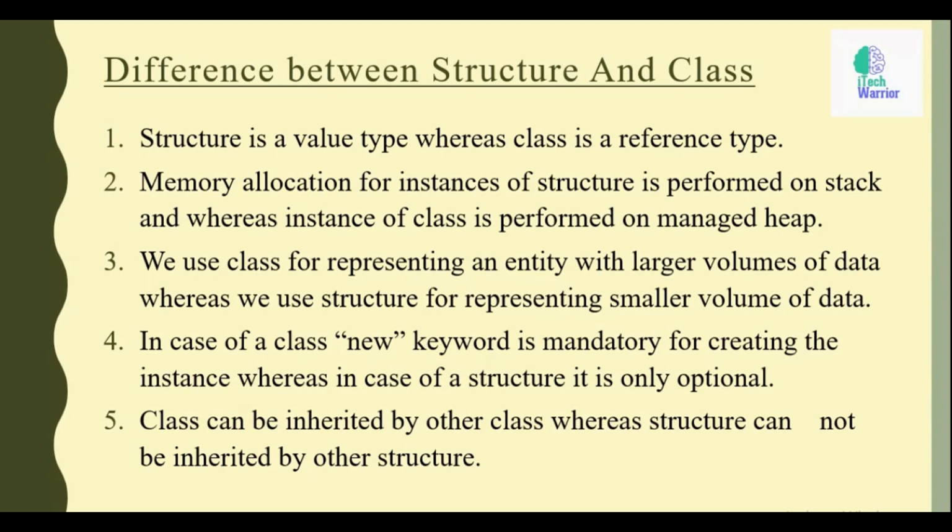In the third point, we use a class for representing an entity with a larger volume of data, whereas we use a structure for representing a smaller volume of data. In the fourth point, in case of a class, the new keyword is mandatory for creating the instance, whereas in case of a structure it is only optional.